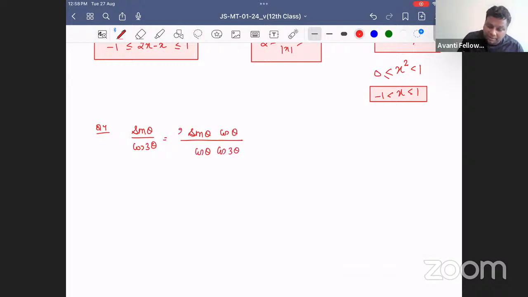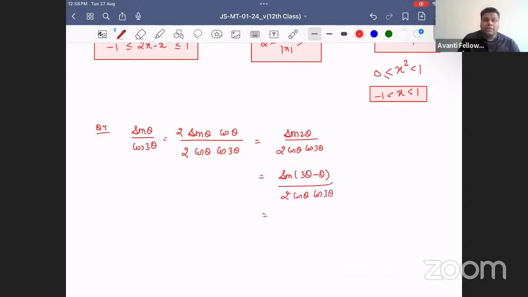Got it? Multiply and divide by 2. The numerator became sine 2 theta upon 2 cos theta cos 3 theta. It can be written as sine of (3 theta minus theta) upon 2 cos theta cos 3 theta. Now, if you expand it, you get half of (tan 3 theta minus tan theta).